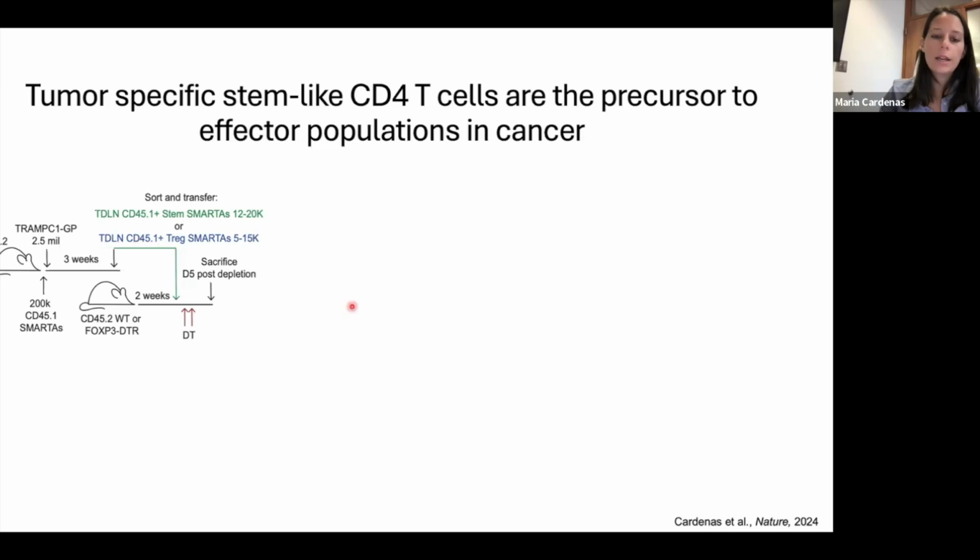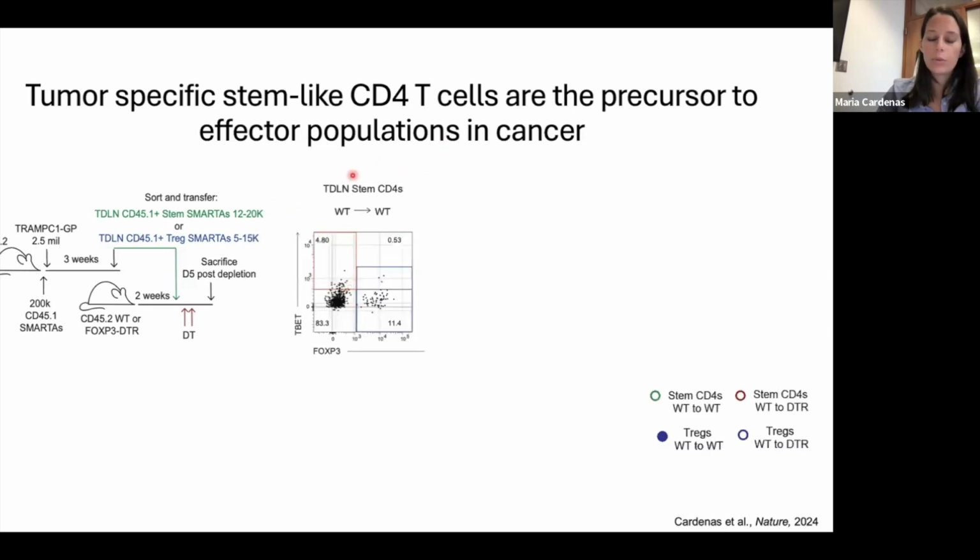And what we find is that in untreated mice that do not get Treg depleted, these stem-like CD4s are capable of restoring that stem-like population within the draining lymph node and also giving rise to the iTregs that get there within the draining lymph node. So we're also showing that they are the precursors to the effector Tregs that are within the draining lymph node in wild-type mice.